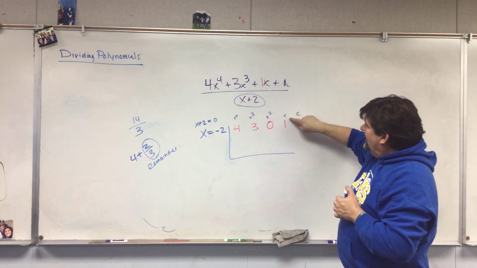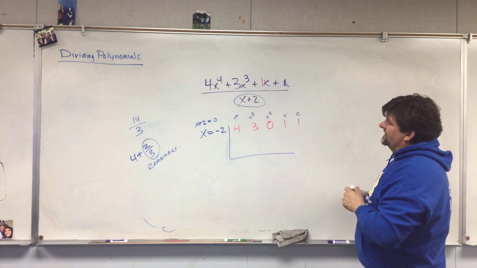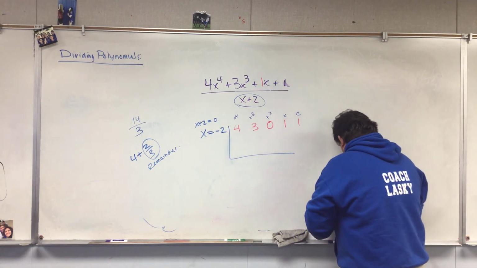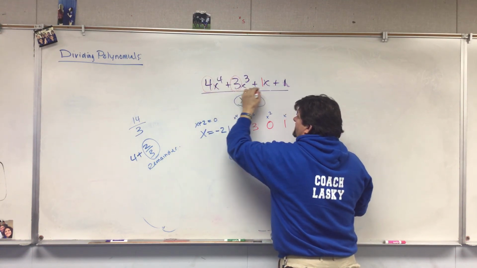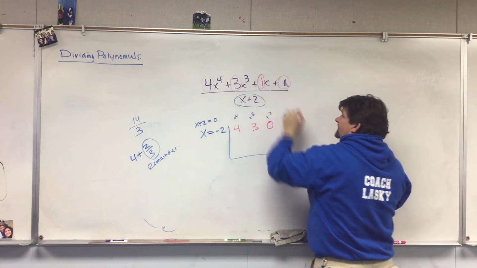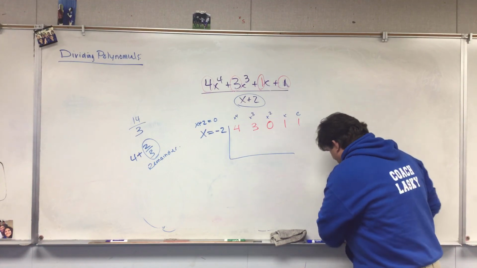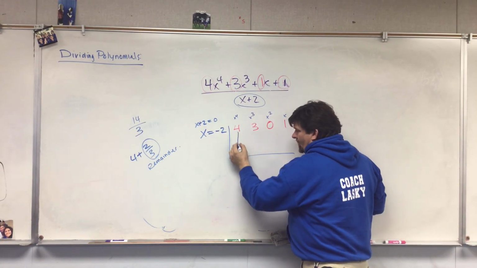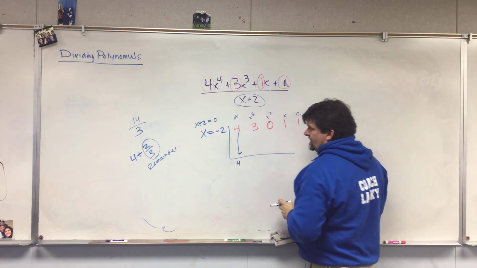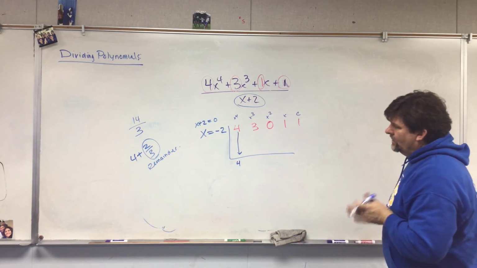Then x, and the constant. And all I did was put the coefficients in front here, like this. Okay? So now, this one here always comes straight down. Now, what do I do from there?